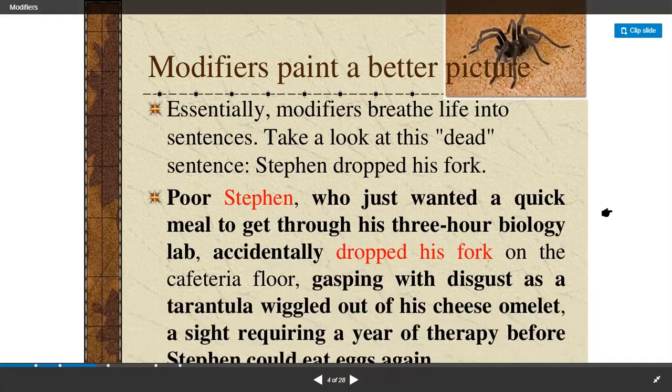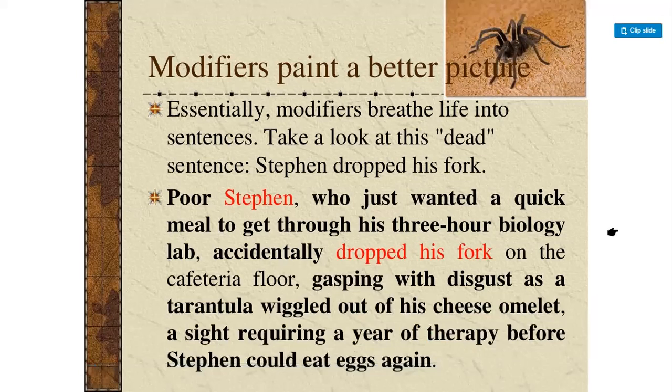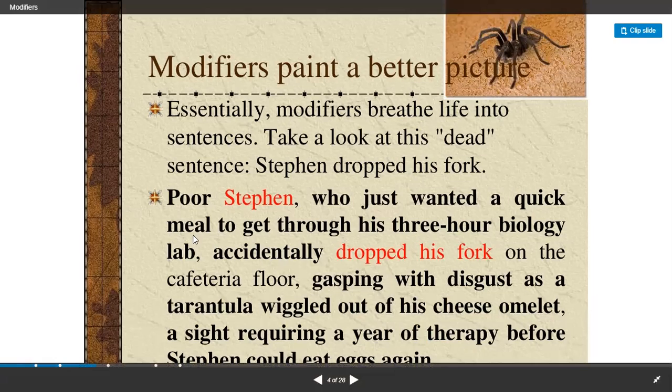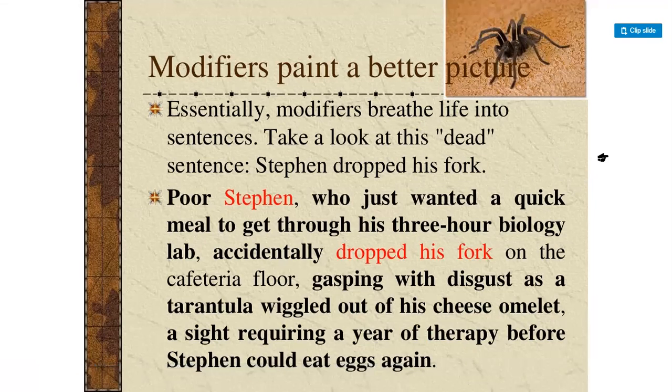So if you read this story, what will come to your mind? A big tarantula that wiggled, and the whole scene will come to your mind, right? You will imagine the whole scene. But if I say, for example, Stephen wanted to eat an omelet and he found a tarantula, will this be a nice and interesting story?